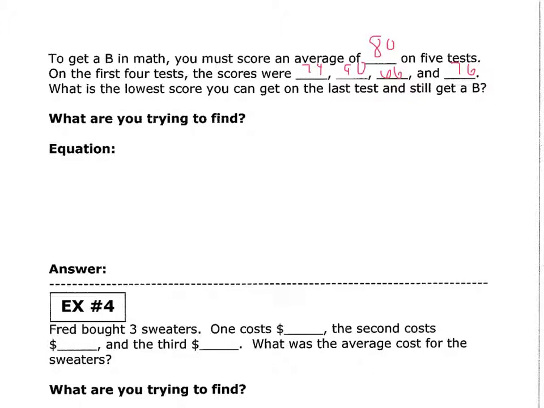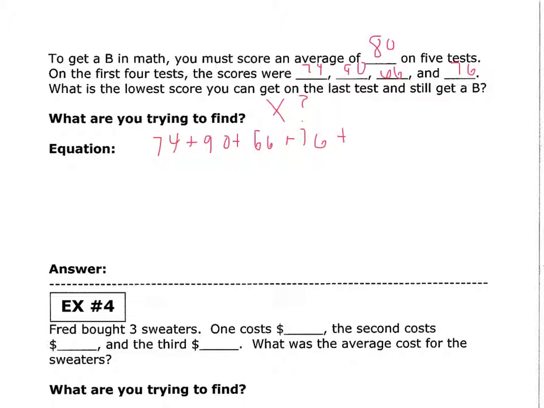Okay, so let's go ahead and write our equation. We're trying to find x again. Okay, so if we write out our 4 tests, we have a 74, a 90, a 66, a 76, and we need to know what that 5th test is.